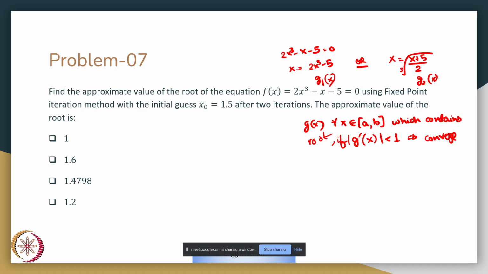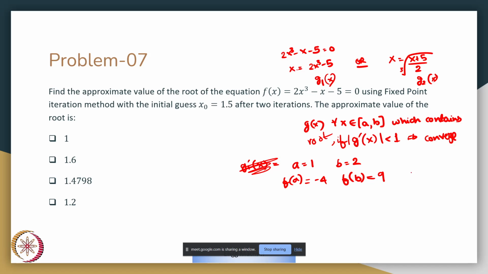With that in mind, first we need two bounds. To begin with, suppose I take a is equal to 1 and b is equal to 2, then my f of a is 2 minus 1 minus 5, which is minus 4, and my f of b is 16 minus 2 minus 5, which is 9.